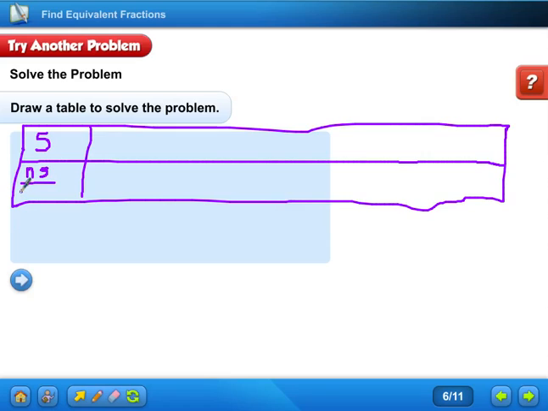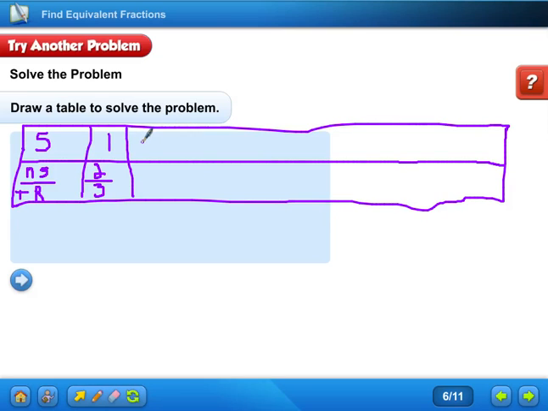Total number of rectangles. So, if I have 1 scarf, 2 rectangles will have stripes, but we'll have a total of 3 rectangles.